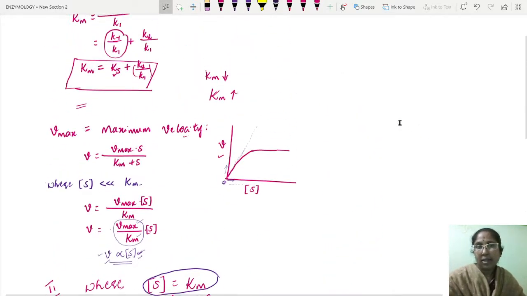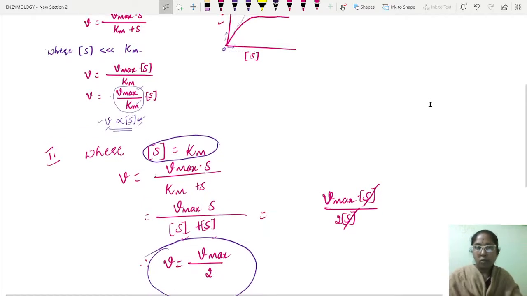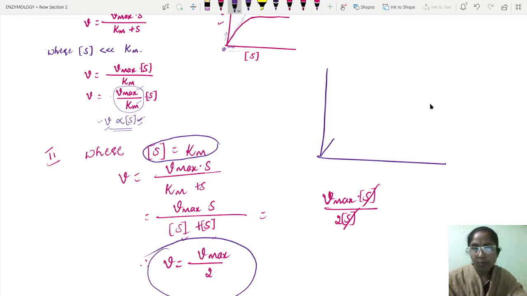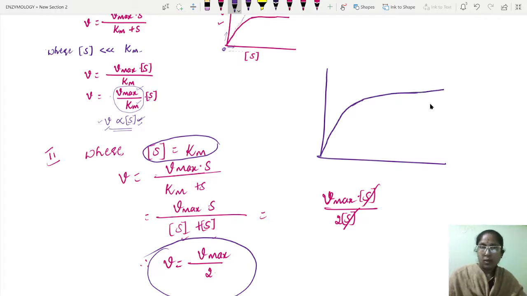In this curve, I'm going to draw one more, the second curve. This is V and this is the substrate concentration.